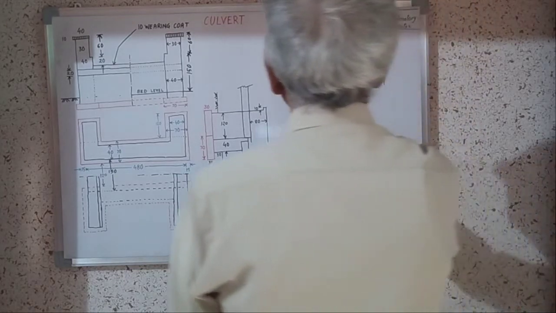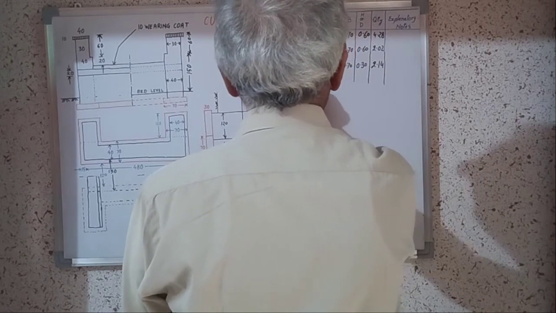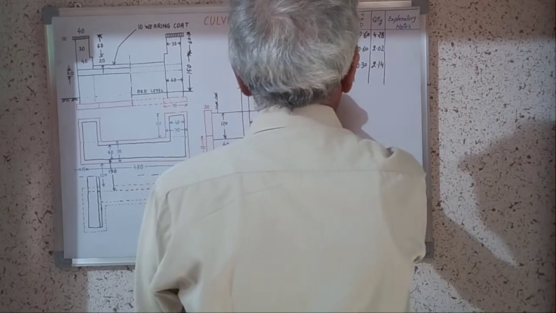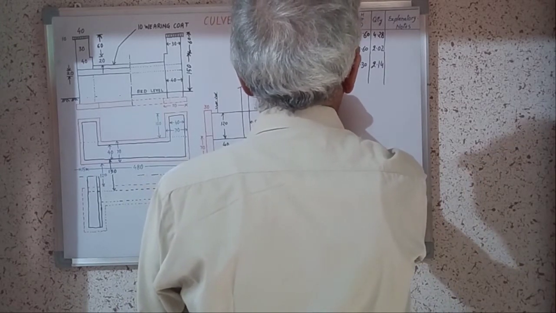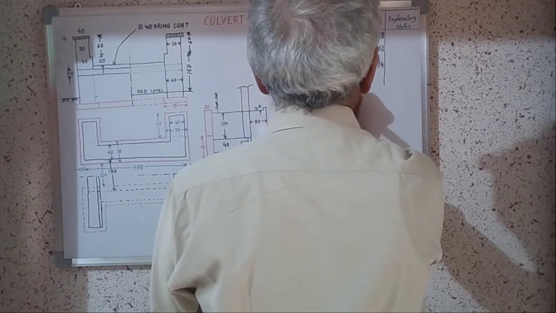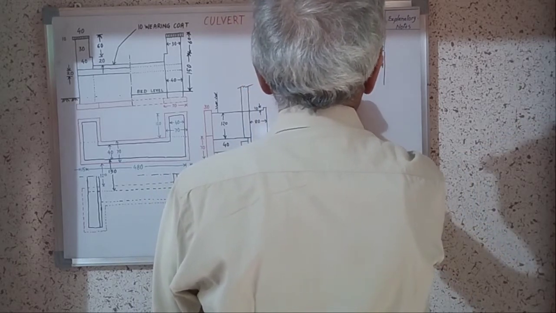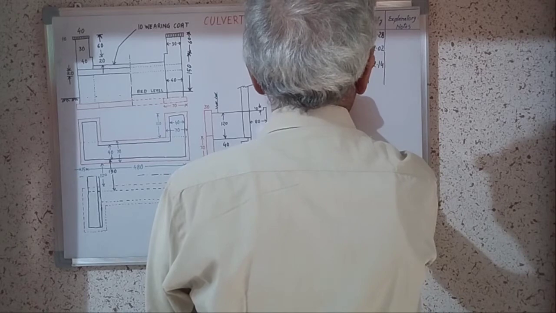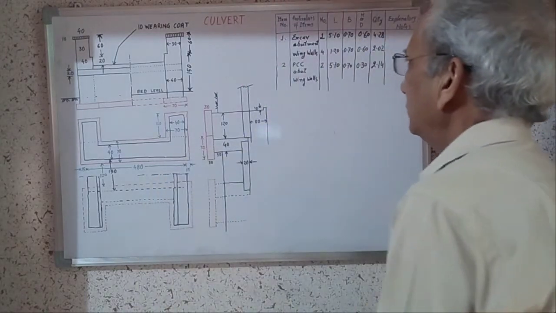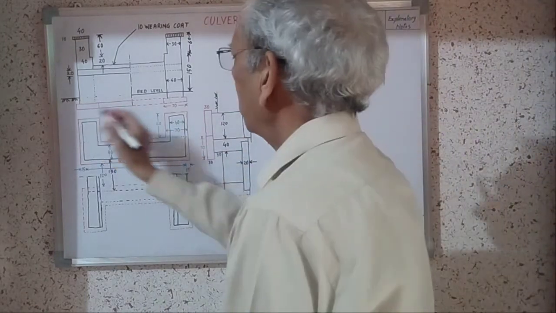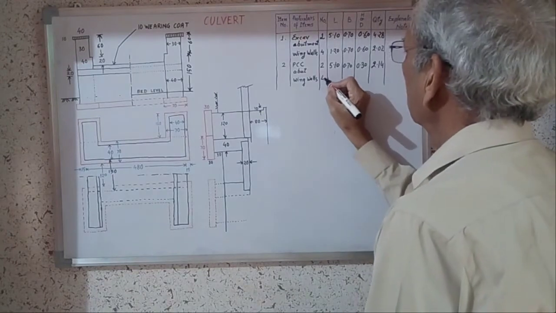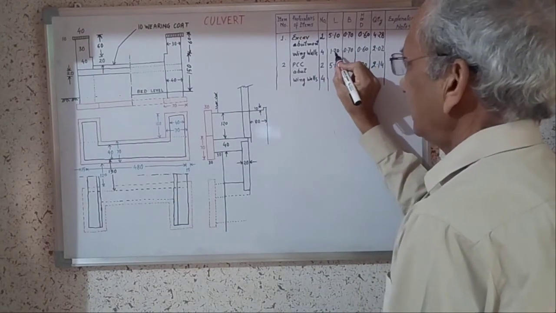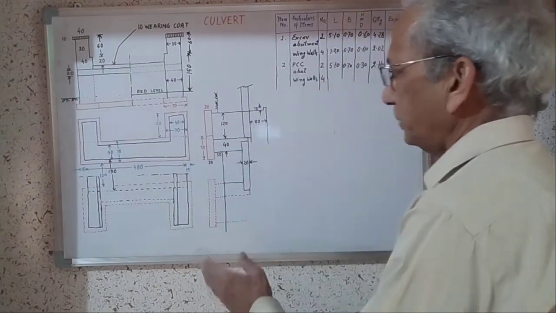Now next item is PCC for wing wall. Now here again 4 number of wing walls will be there. Length will be the same, 1.2 as in case of excavation.